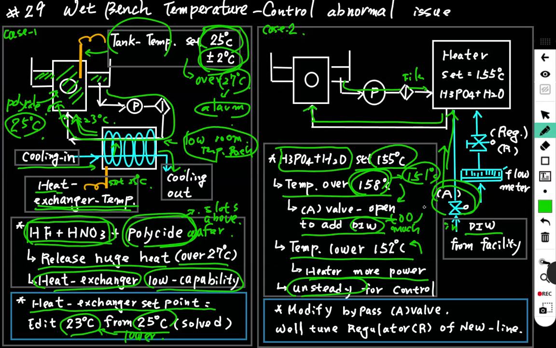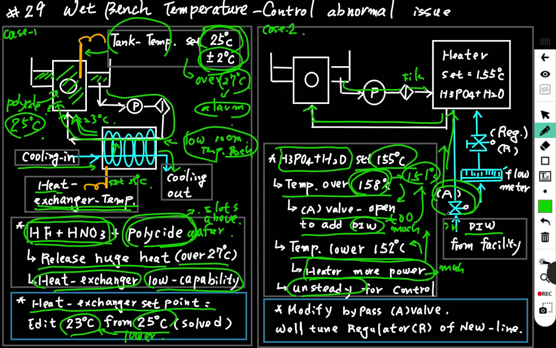The too much DI water lets the temperature drop suddenly. Dropping suddenly, the heater increases power, increases too much, and causes the temperature to rise suddenly.